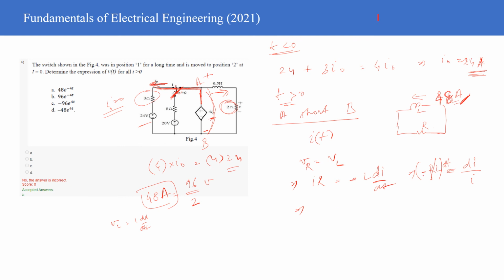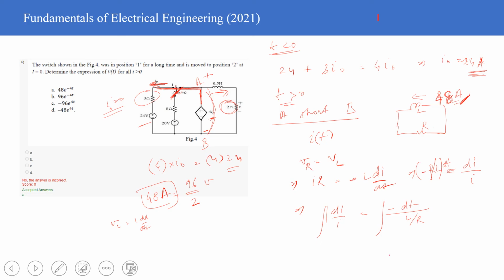So integrating, di by I integral equals dt integral, minus R by L, from time t equals 0 to time t, and the current I from I naught to I, where I naught is the initial current.